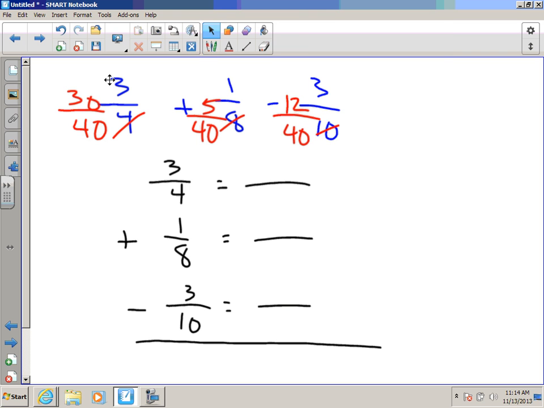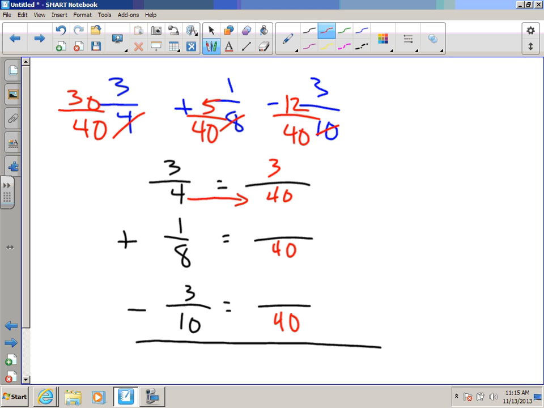Okay, now we've seen it written like this. We wrote it vertically. If we establish the fact that 40 is going to be our common denominator, this is going to work out the same way. When I look at how the denominator changed from 4 to 40, I multiplied the 4 by 10, so then the top gets multiplied by 10, and we get 30.